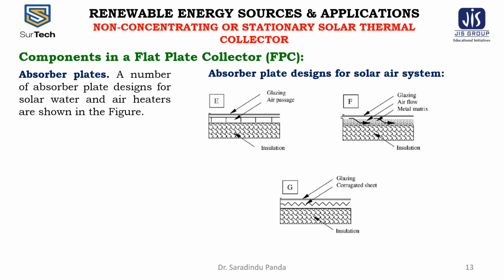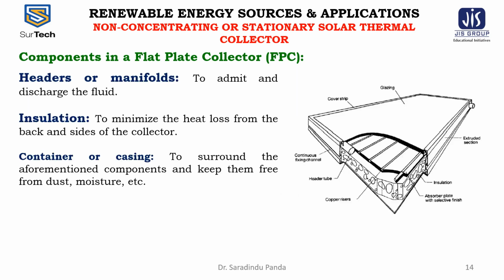In the figure F, the metal or the fabric matrices or the thin corrugated metal sheets, as figure B, may be used with the selective surfaces applied to the latter when a high level of performance is required. The principal requirement is a large contact area between the absorbing surface and the air.